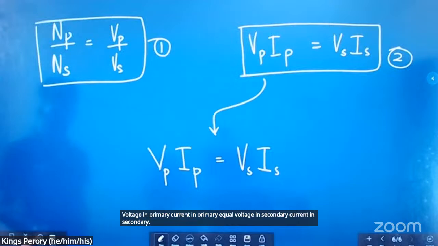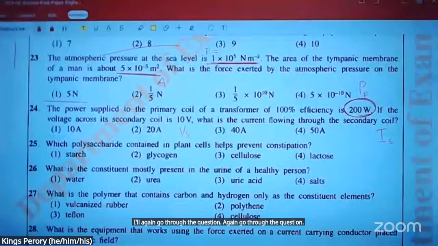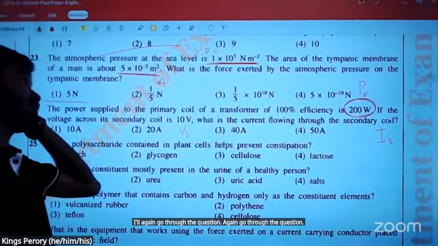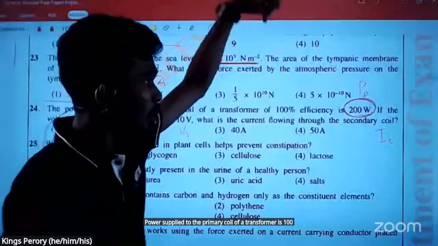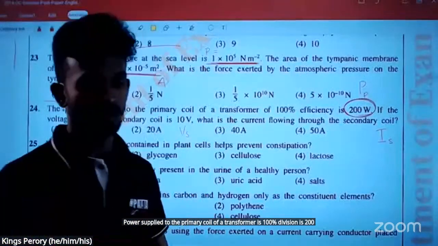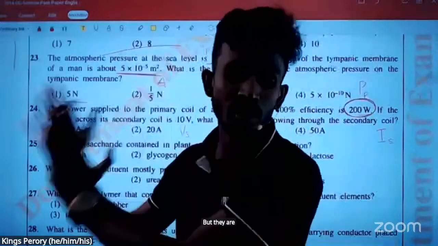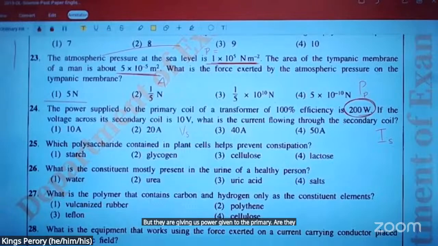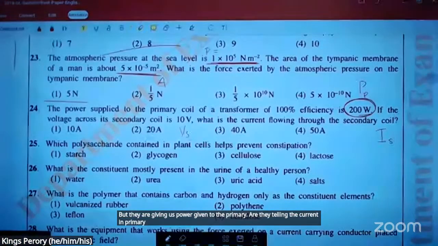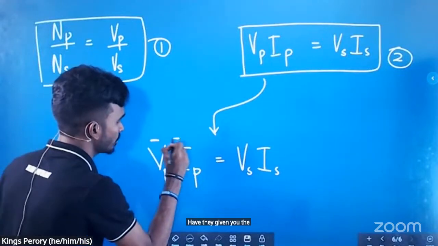Now again go through the question. Power supplied to the primary coil of a transformer of 100% efficiency is 200 watt. Are they telling the current in primary and voltage in primary?